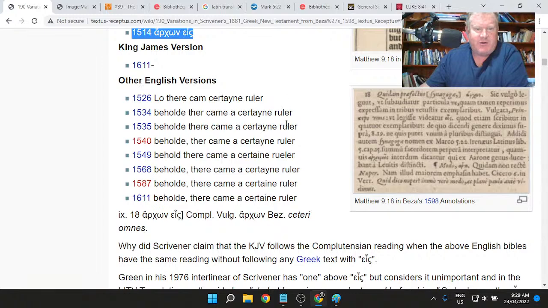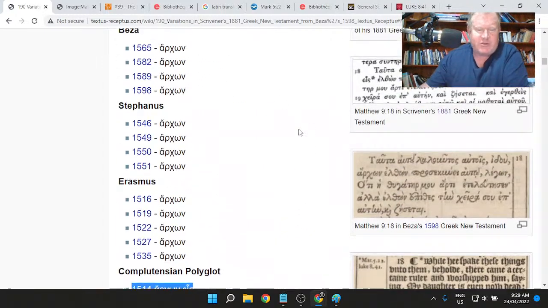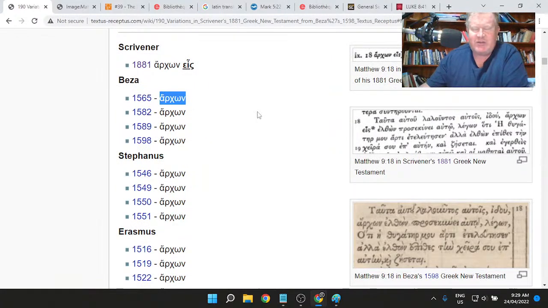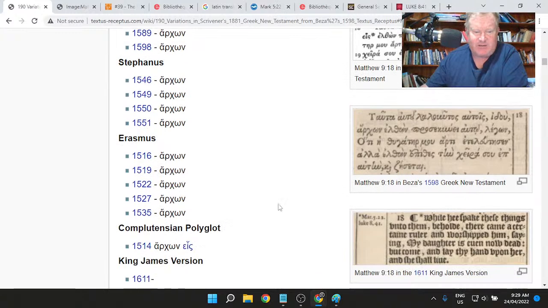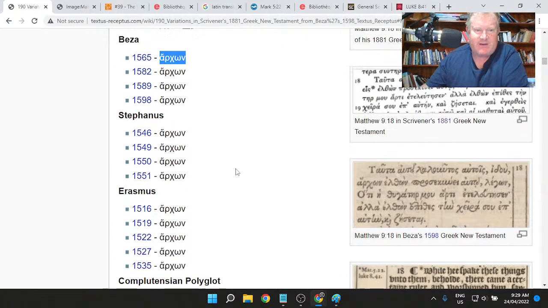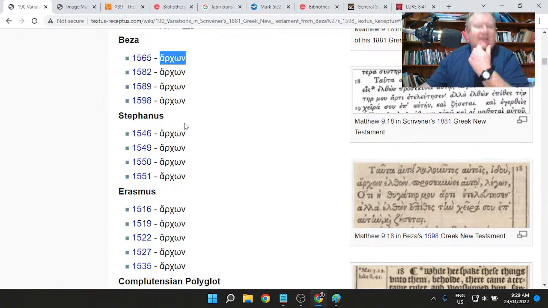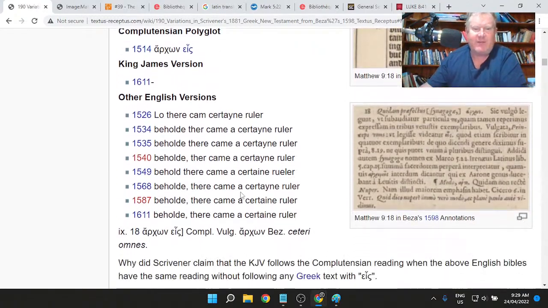So in other English versions, if we read through these, according to Scrivener's logic, it shouldn't say a certain ruler, okay? It should just say a ruler, because the ice isn't there. The ice is not there in Erasmus's and Stephanus's. So we're talking about Tyndale and a whole bunch of others based upon these.